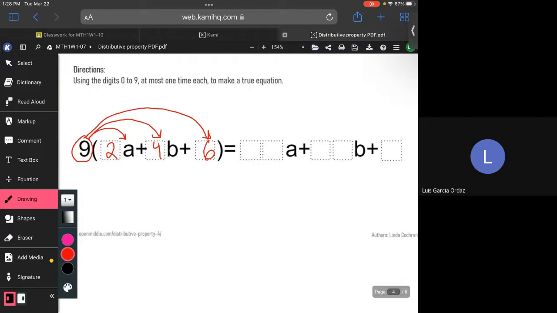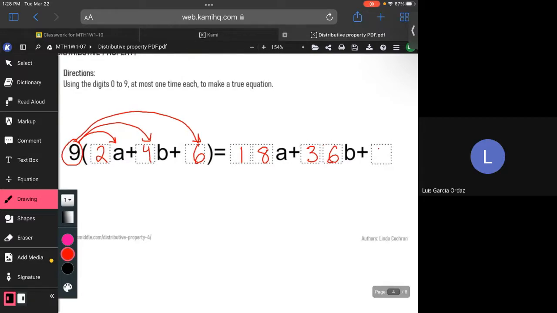Alice. Okay, 18A. What's 9 times 4B? Adam. 36B. And then what's 9 times 6? Yep. 54. That would be the most simplified it would be because we have no like terms.